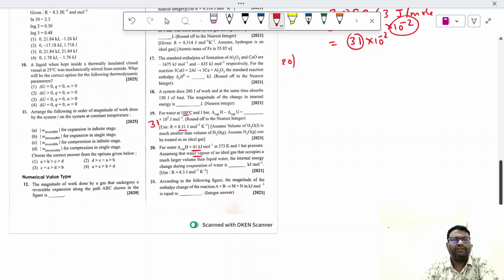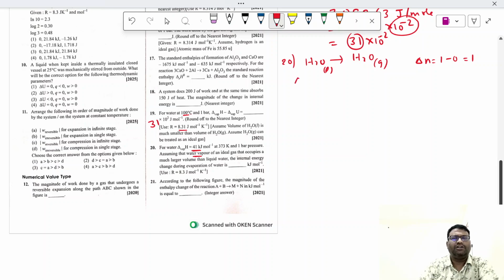Assuming that water vapor is an ideal gas that occupies much larger volume than liquid, the internal energy change for this evaporation. Okay. So for a water molecule converting into H2O gas, delta n is equal to 1 minus 0, which is equal to 1 again.